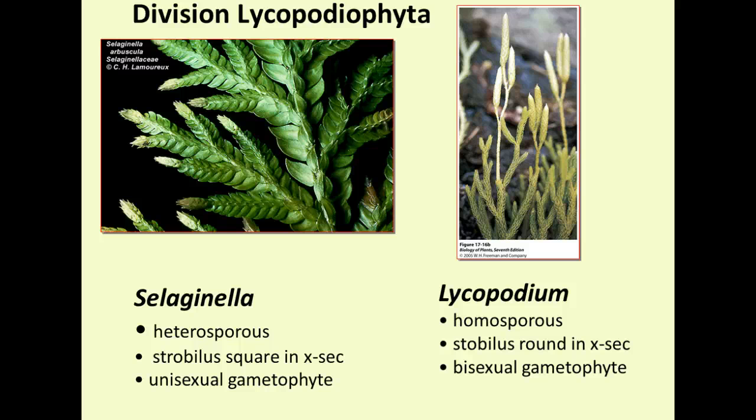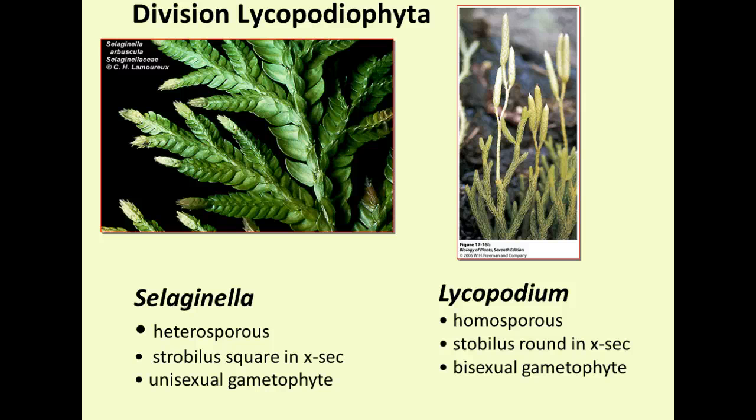So again, we looked at a couple different plants. We looked at Selaginella, which is heterosporous, and they say that the strobilus is square in cross-section. I guess so. I guess it's semi-square, and you have a unisexual gametophyte, whereas in Lycopodium, it's homosporous, it's round, and has a bisexual gametophyte.